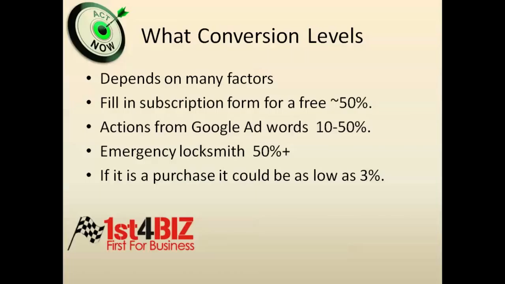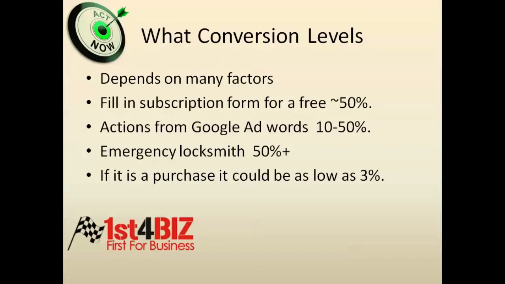So if it's a cheap service with low risk, it should be quite high. If it is for something like an accountant or a lawyer, where it is both expensive, very important from a trust point of view, it could be quite low. In fact, 10% might be demanding in certain cases.